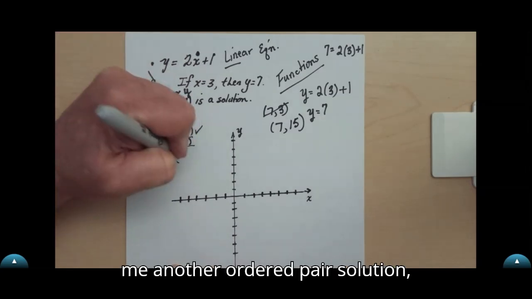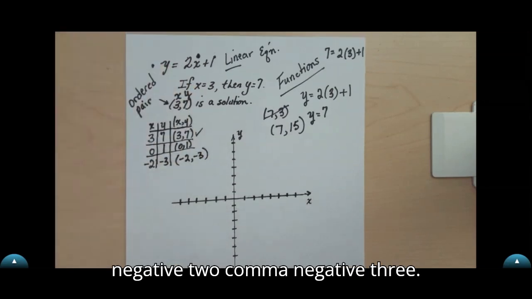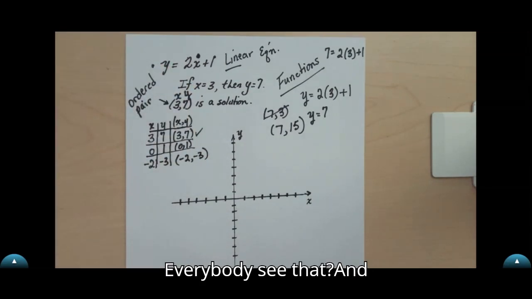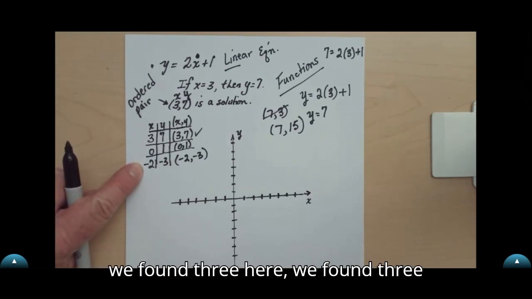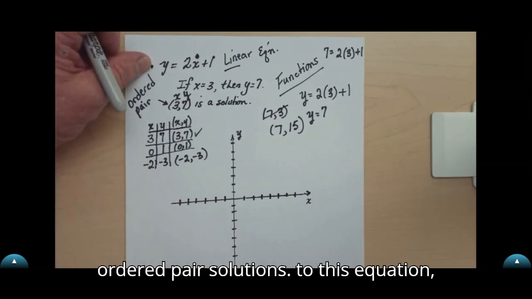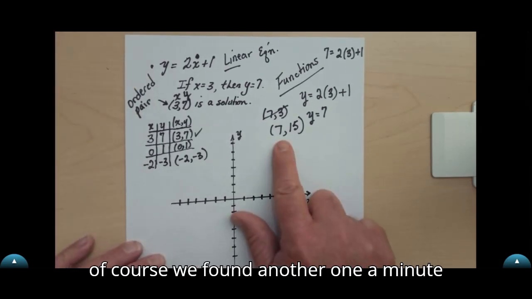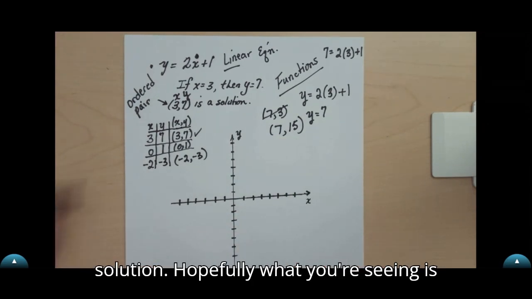And that gives me another ordered pair solution, -2, -3. Everybody see that? And hopefully what you're seeing from this is we found 3 ordered pair solutions to this equation. Of course, we found another one a minute ago, 7, 15. That's an ordered pair solution.